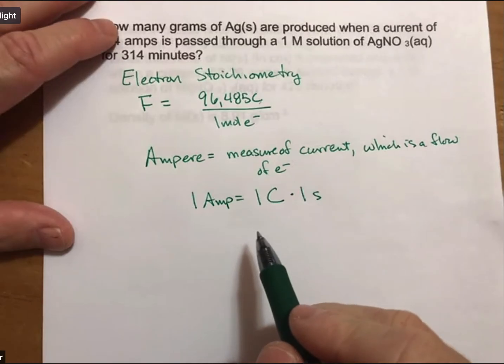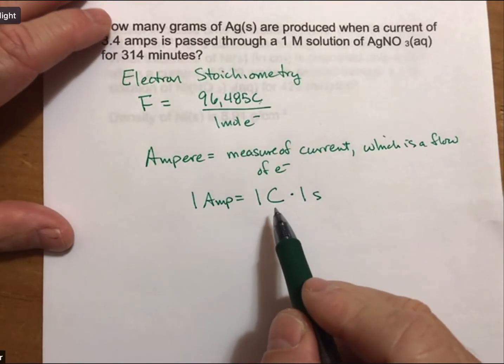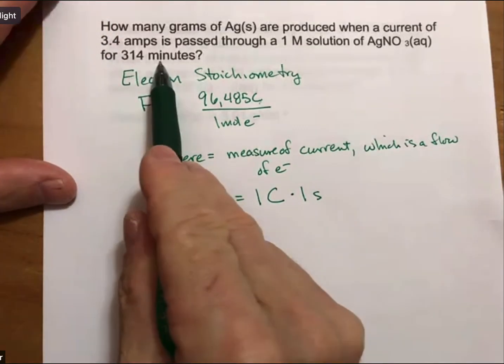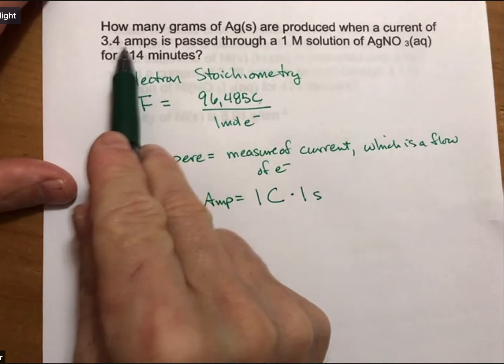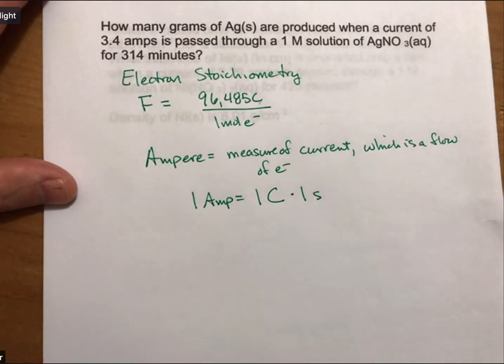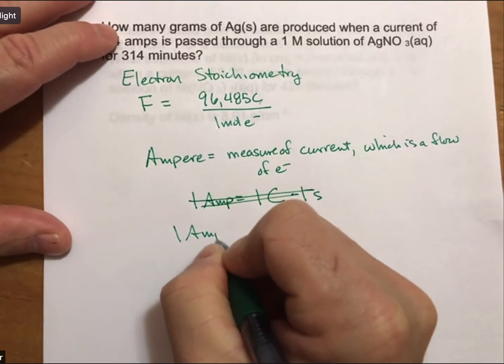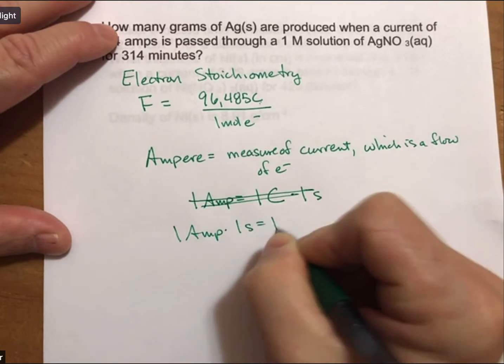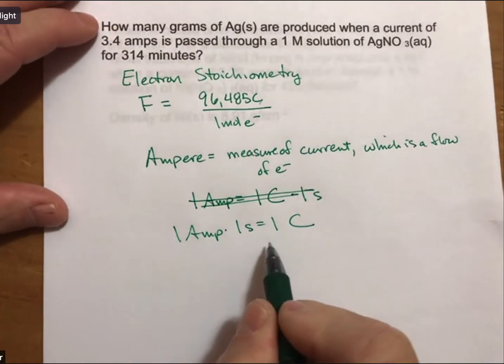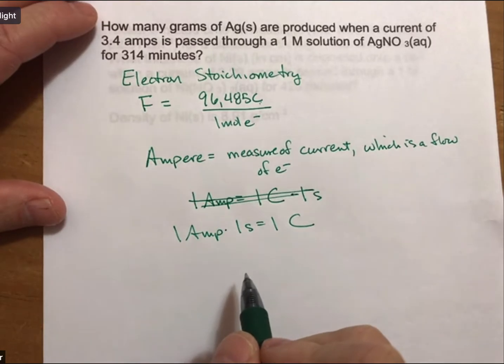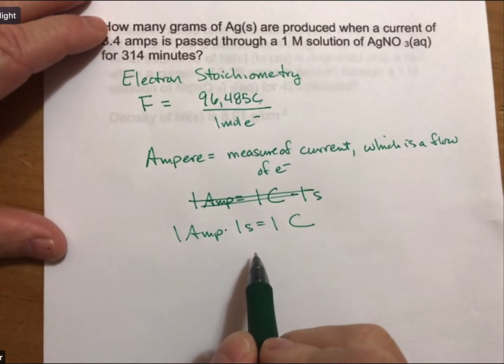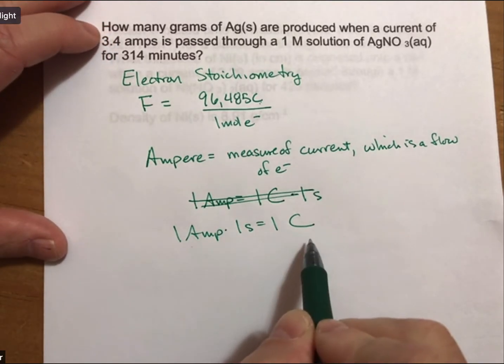Such that if we know the time and the amps, hold on, did I mess up this relationship too? Sorry. 1 amp times 1 second equals 1 coulomb. Does that look right? Yes. Amps times seconds equals coulombs, yep.